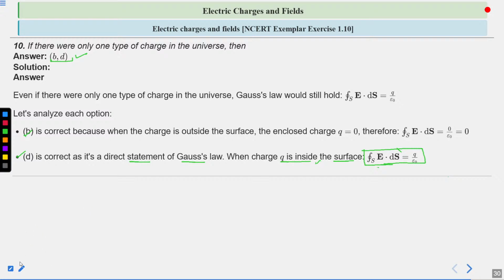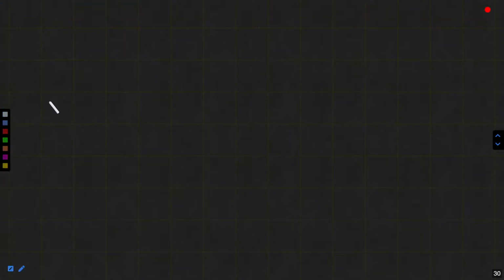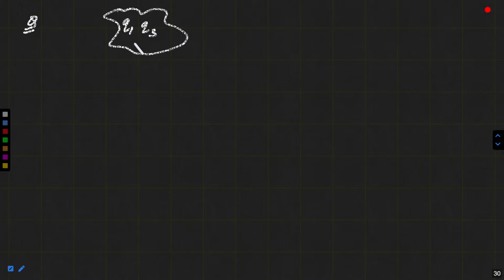Now one question for you. We have this body, with charges Q1, Q2, Q3 and Q4 inside, and Q5, Q6, Q7 outside.